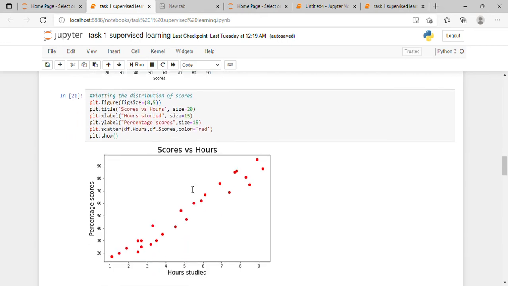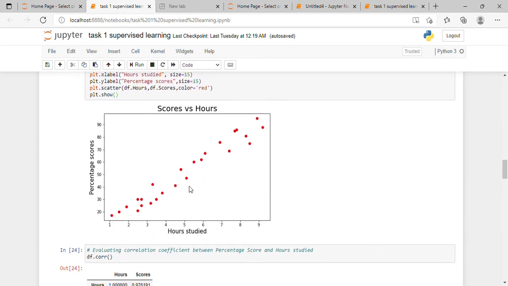After that, we plot the scatter diagram between the two variables, and here we assign the number of hours studied to the x-axis and the percentage score to the y-axis.